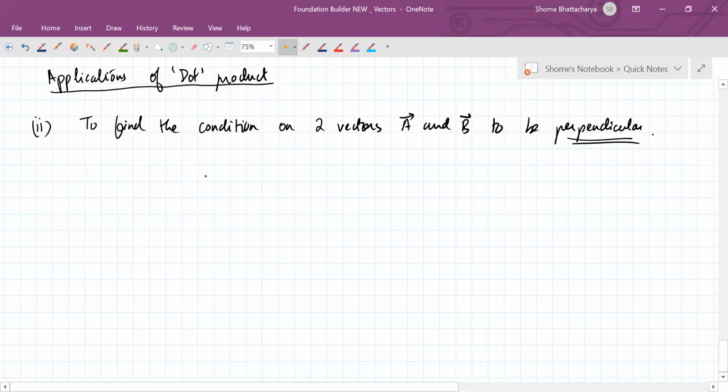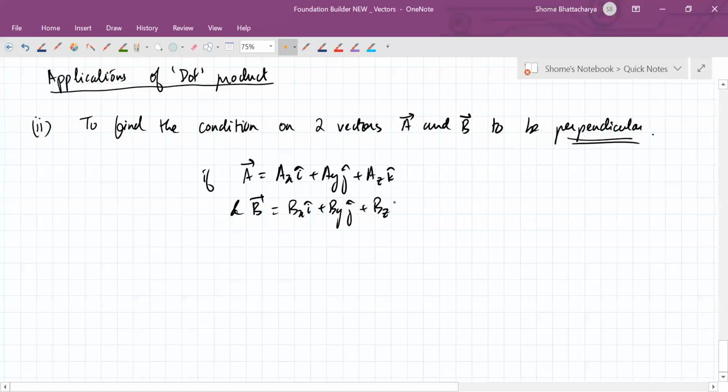So suppose the vector A is having components Ax, Ay, and Az, and the vector B is having components Bx, By, and Bz.